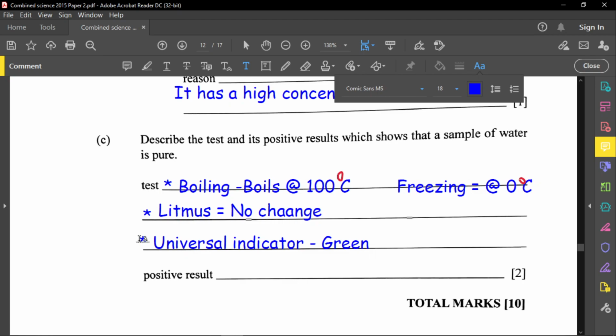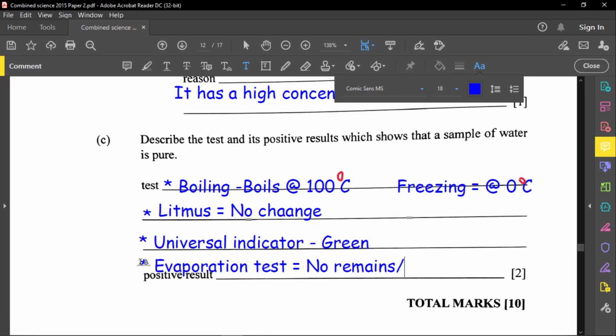What you can also do is what they call an evaporation test. You see there are a lot of things you could do here. If you do an evaporation test, what you're looking for is that after the water evaporates, you should see no residue or remains.